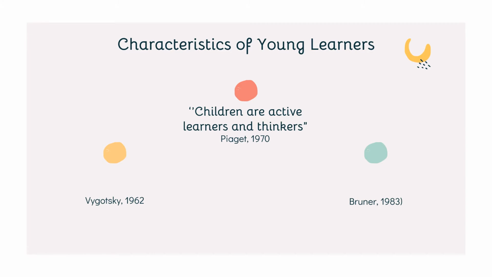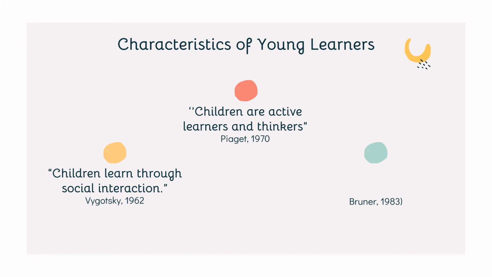Okay, then from Vygotsky in 1962, children learn through social interaction. If it is social interaction, it means that they relate to the adults. The adults here mediate the work for children through playing, stories, questions, ideas, and experiences.